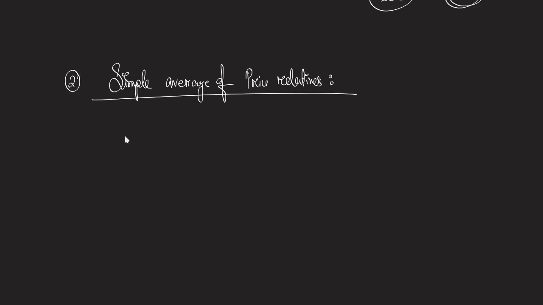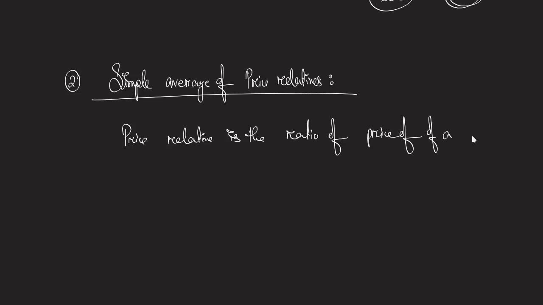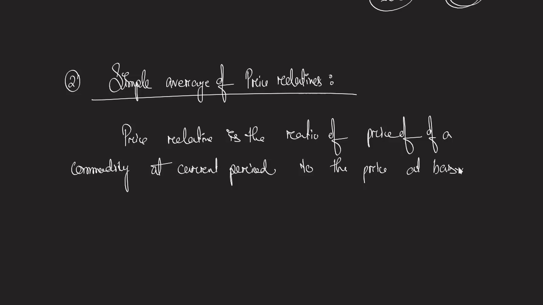Price relative is the ratio of the price of a commodity at current period to the price at base period, multiplied by 100.